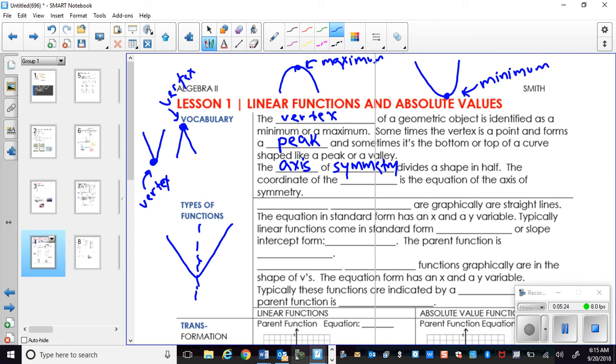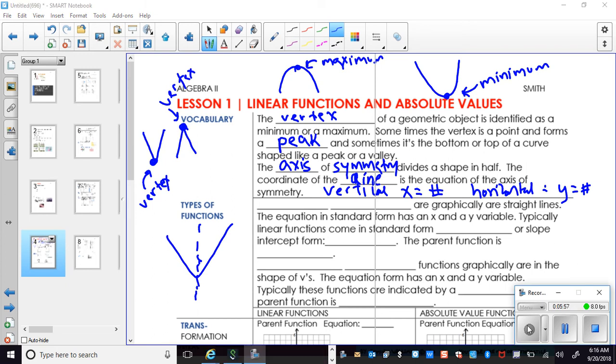The line is the equation of the axis of symmetry. So sometimes if it's vertical, it's going to be x equals a number. And if it's horizontal, it's going to be y equals a number. Okay? So we're going to do this.